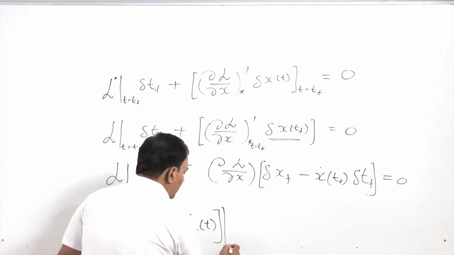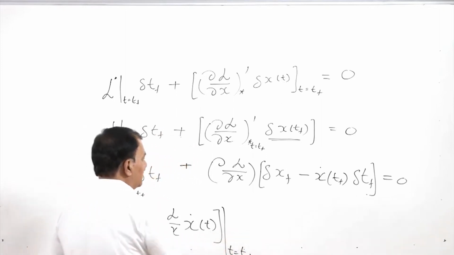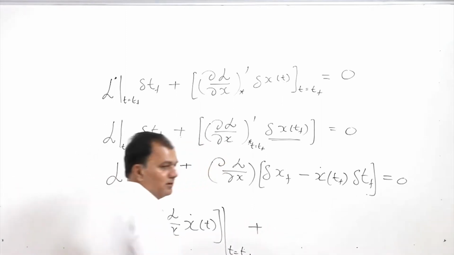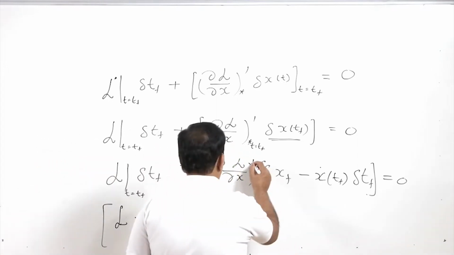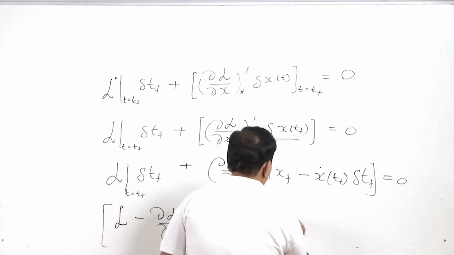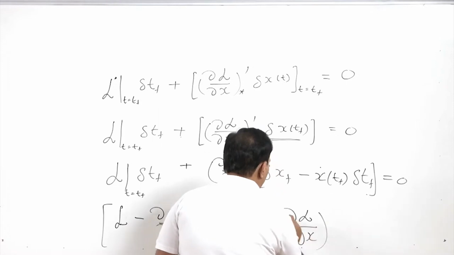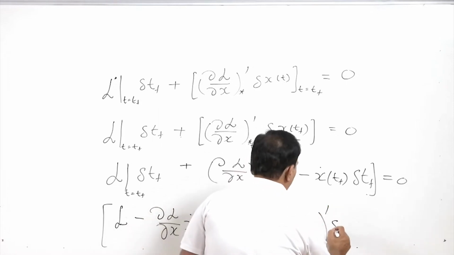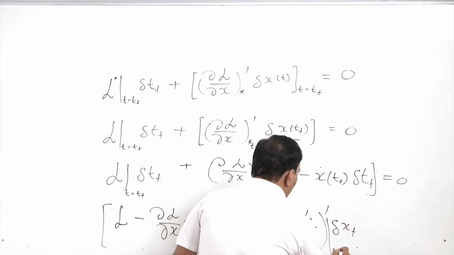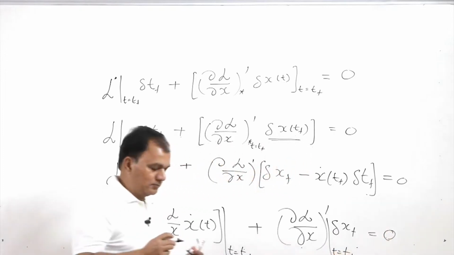This I will evaluate at t equal to Tf point, plus del L by del x prime delta xf, and this I am evaluating at t equal to Tf and this equal to 0.